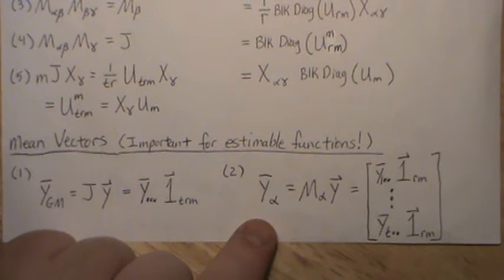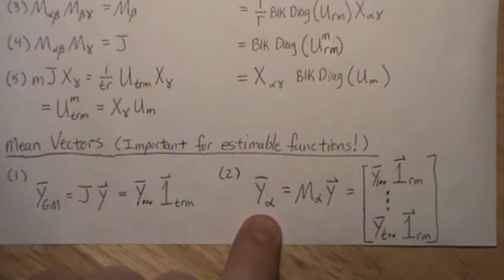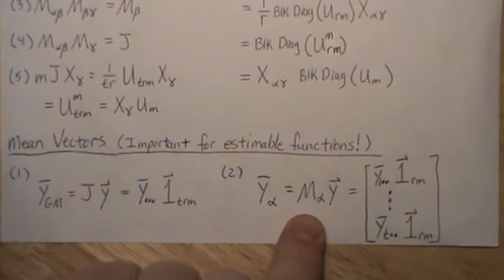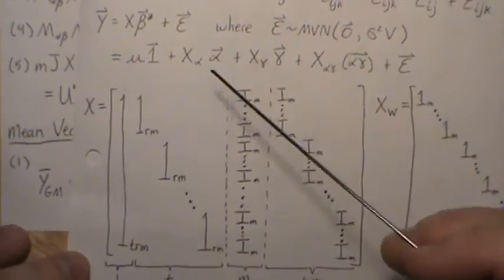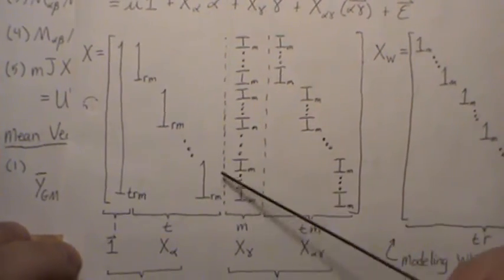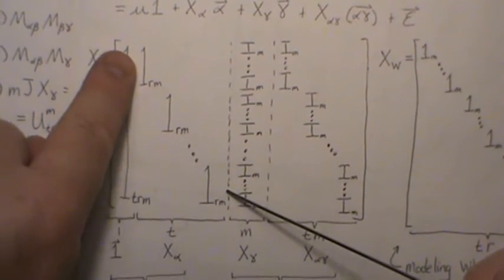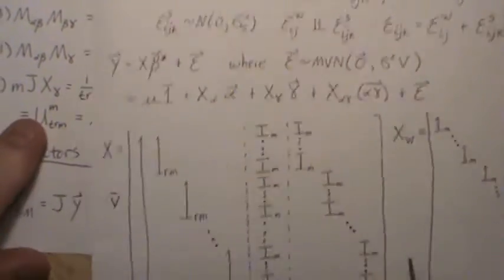And when we look at the mean vector for alpha, y alpha bar, we take y and pre-multiply it by the perpendicular projection matrix on M alpha. Notice that it's going to shove it into this column space. So we're going to have a constant times that, a constant times that, and a constant times that.